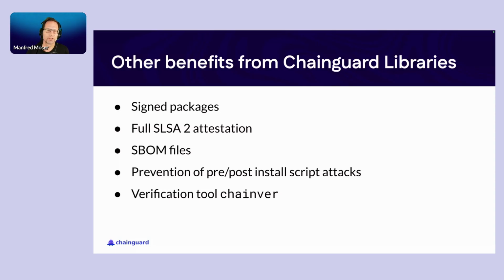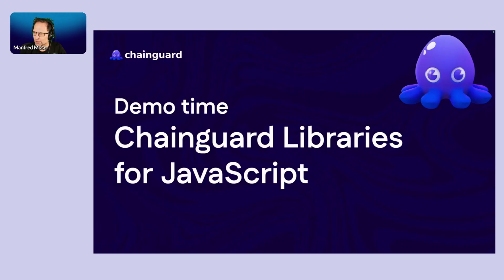And then that at a minimum allows you to tell, well, there are these proprietary ones, like the ones that you wrote yourself in your organization, or other ones that are proprietary drivers for your enterprise database or your AI tooling or whatever, where there are no open source tools available. You can also then assess the risk of those components separately. So it allows you to better understand how secure your posture on your overall application is. So these are all benefits you get from all the Chainguard Libraries, and obviously also from the JavaScript ones.